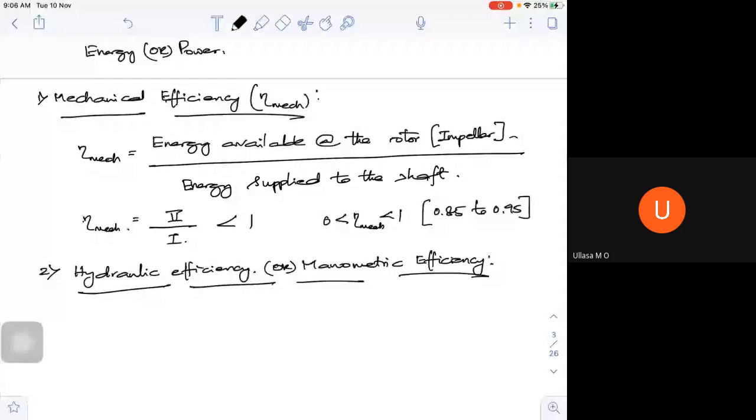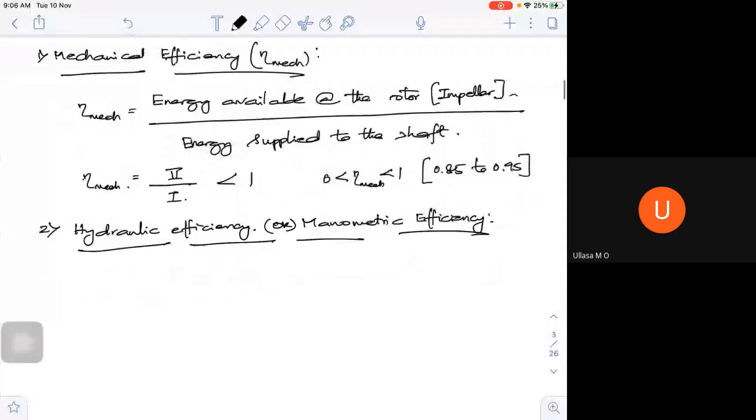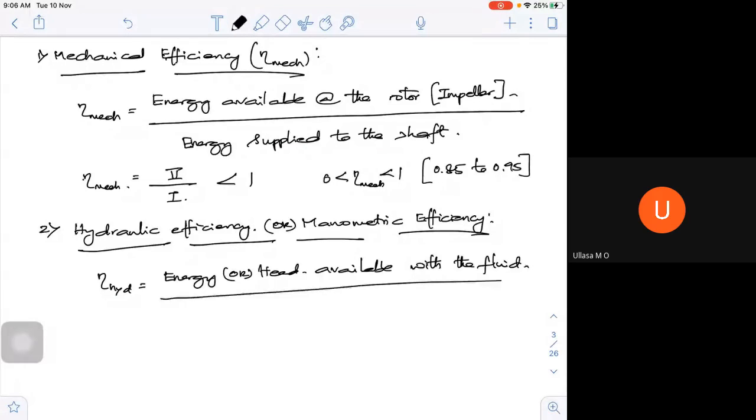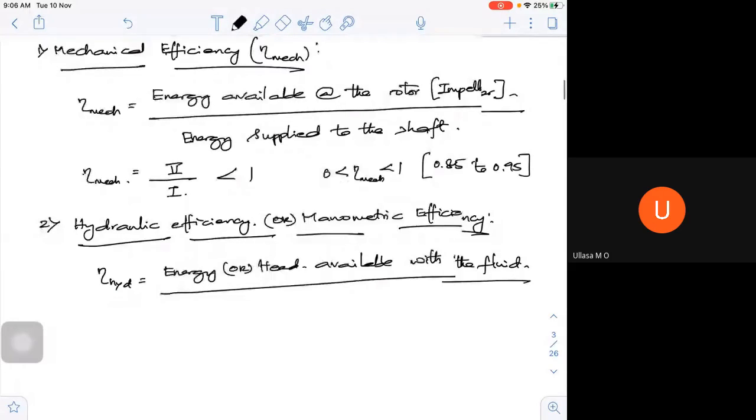It is the energy available with the fluid, that is the energy transferred to the fluid, to the energy available at the rotor.